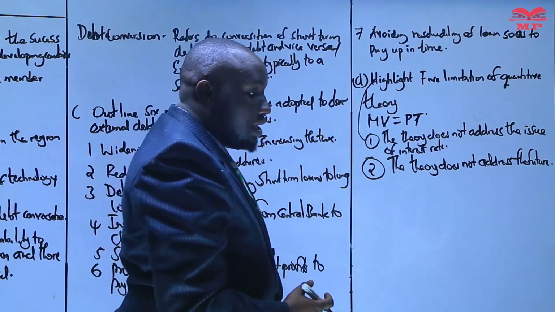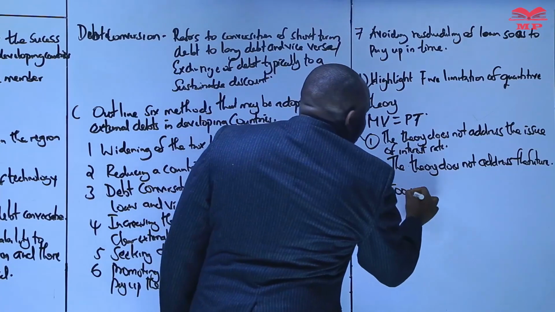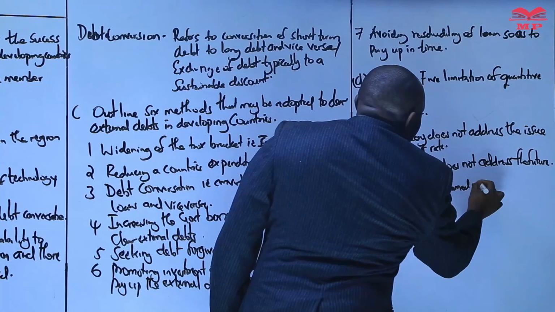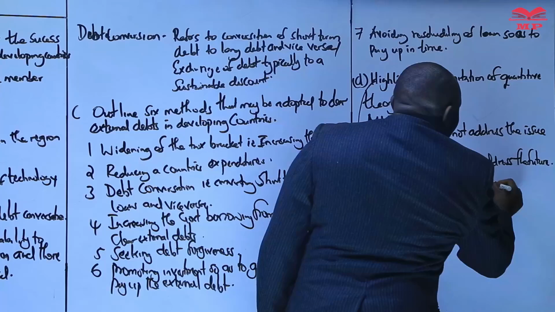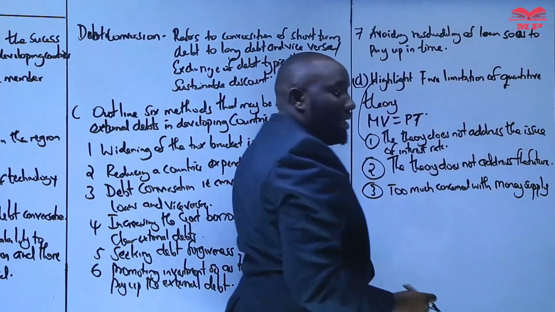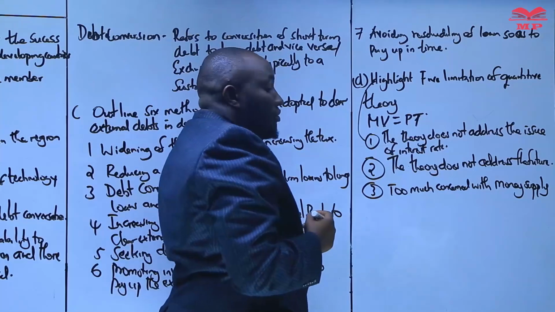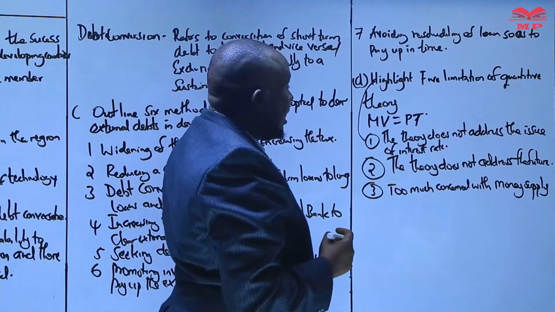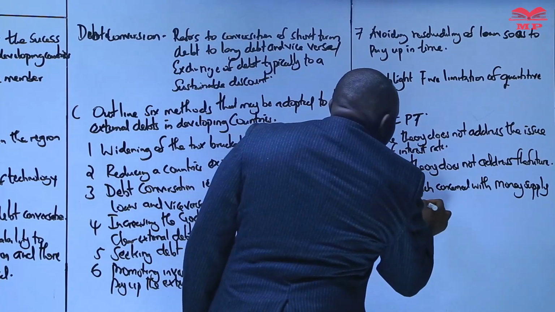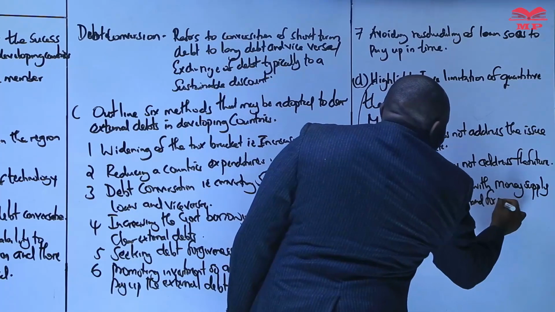Number 3, the theory is too much concerned with money supply, that is the circulation of money, and ignores the demand for money.